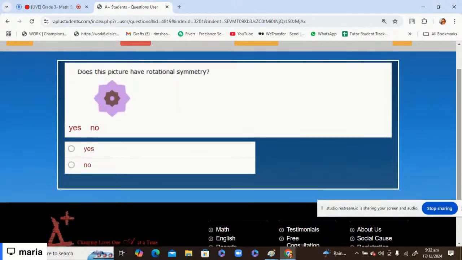Now, does this picture have a rotational symmetry? Now you guys tell me. First of all, check outside and check inside and then just tell me, does this picture have a rotational symmetry?